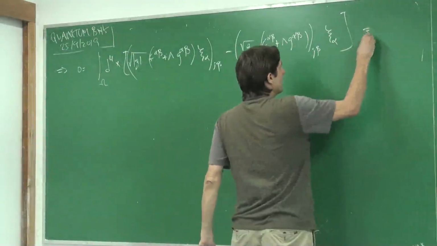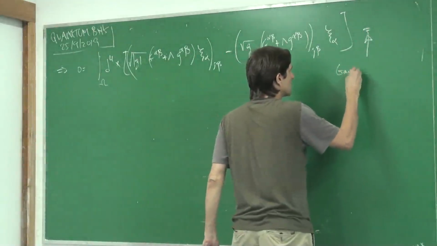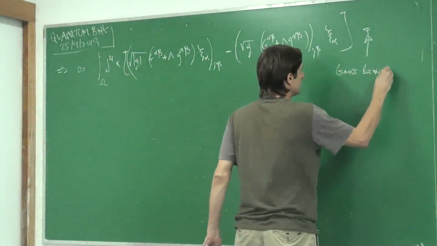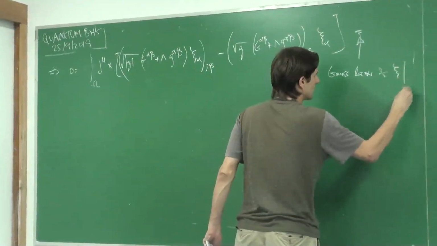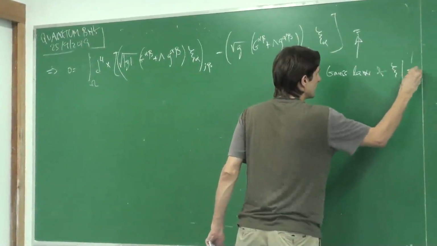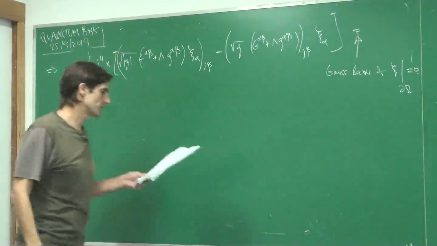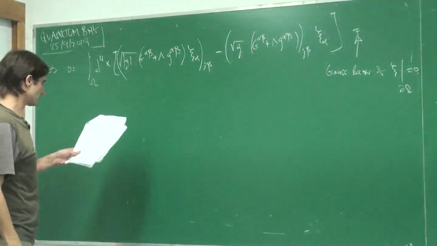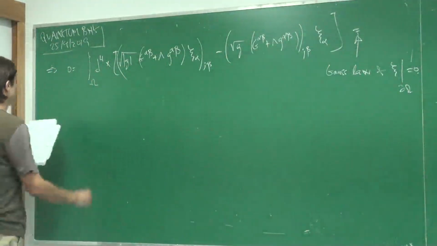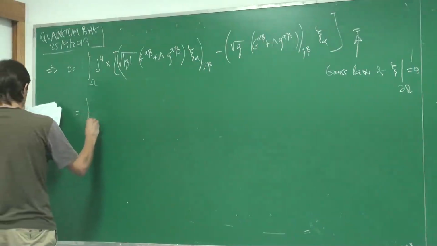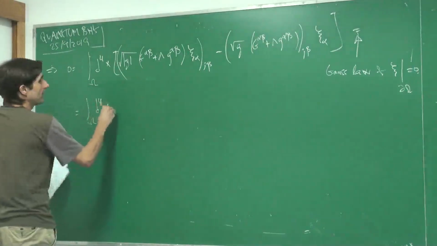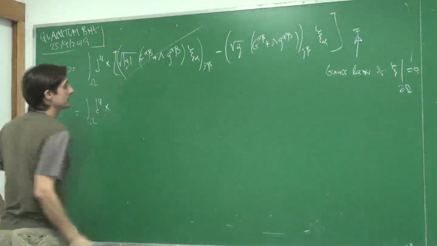So we just apply Gauss law, and you ask for xi to be equal to 0 at the boundary. And so that effectively gets rid of this term here.